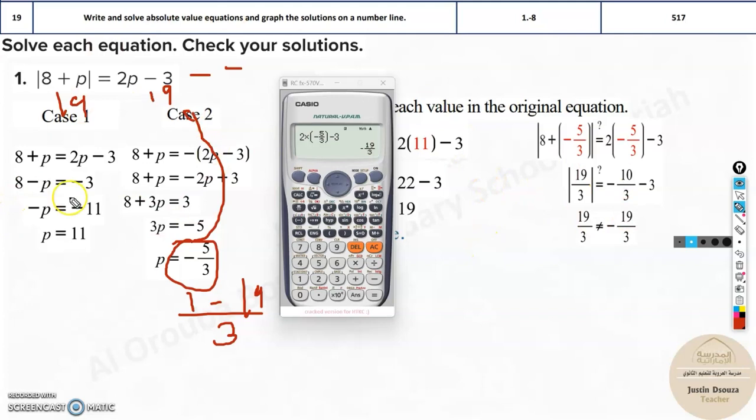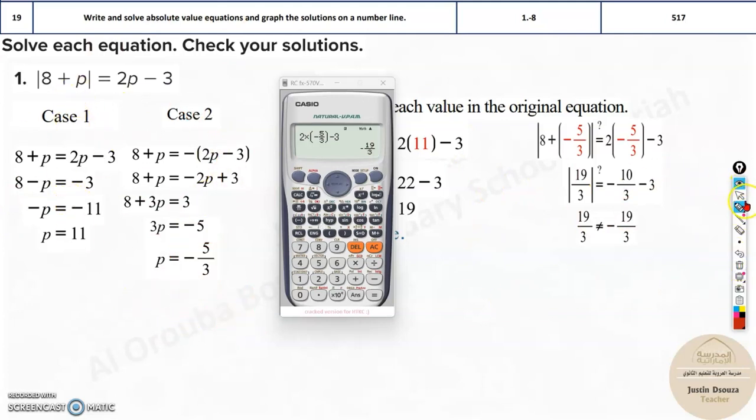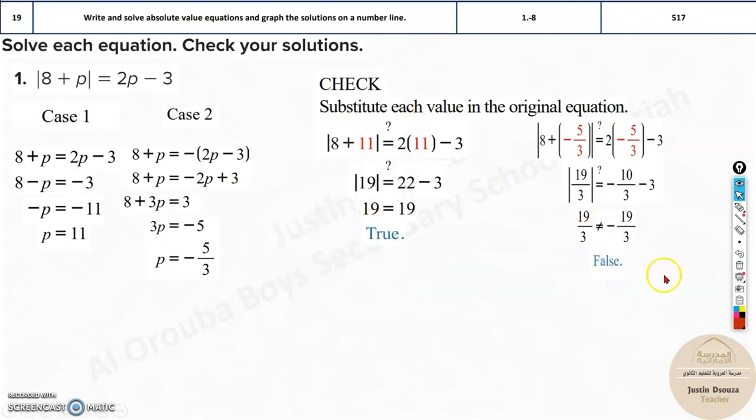Oh, by the way, if you do the other one, you will get positive. Why? Let's do this. 8 plus the p value we found out to be negative. Let's use the bracket. Negative 5 divided by 3. Close the bracket. The answer is positive. And even if it was negative, when it is inside the absolute value, it will just become positive. So now you can see this one is false.